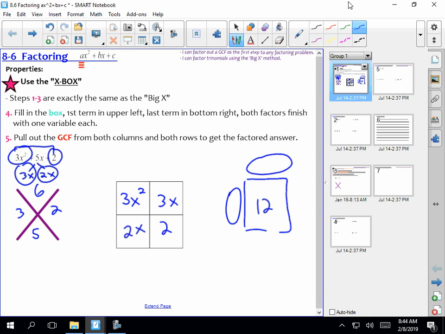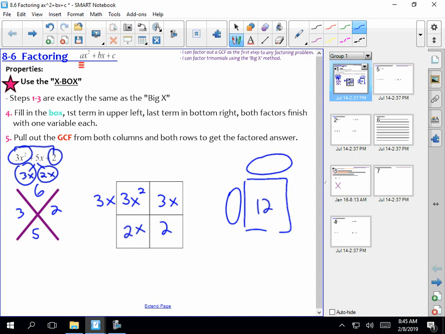So what's the GCF of this first row? Greatest common factor of the first row. In terms of numbers, it's got to be 3, right? And then we've got to take the lowest power that you see on the x's here. So 3x goes out here, which is what I would expect. Remember, we're working backwards from the multiplying stuff, right?